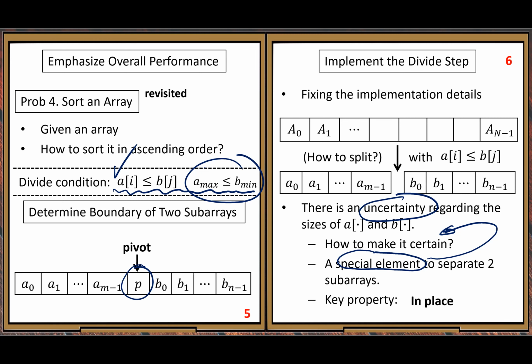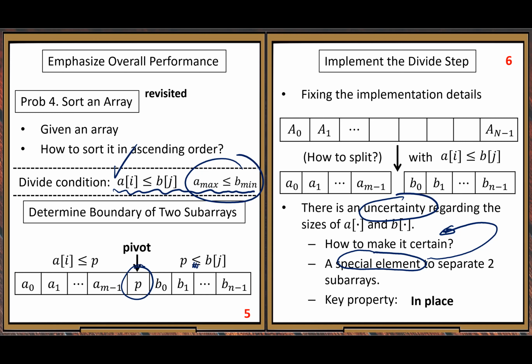All the elements in the A subarray must be less than or equal to P, and all the elements in the B subarray should be greater than or equal to P. But in our implementation, we remove that equal part.